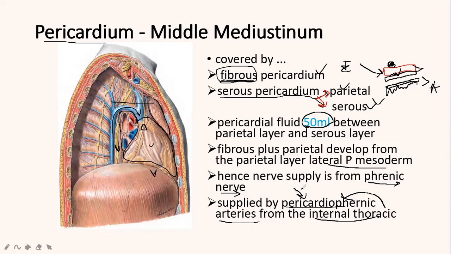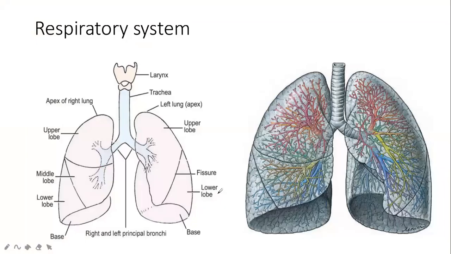That's why it's called the pericardiophrenic artery. Can you see the internal thoracic? It's giving a branch there, that is the pericardiophrenic.